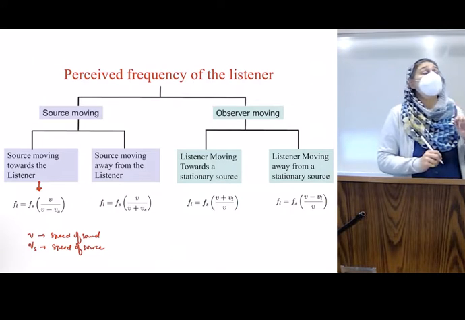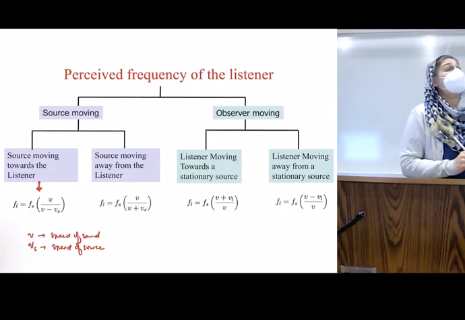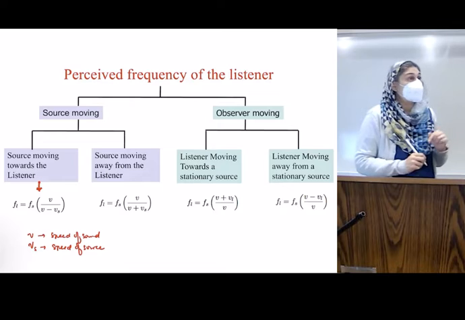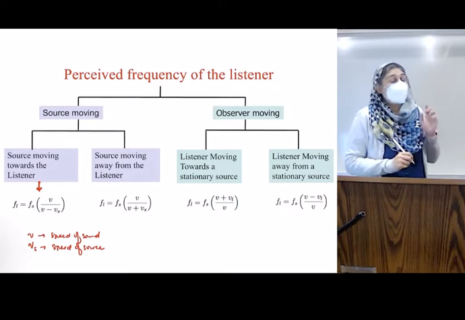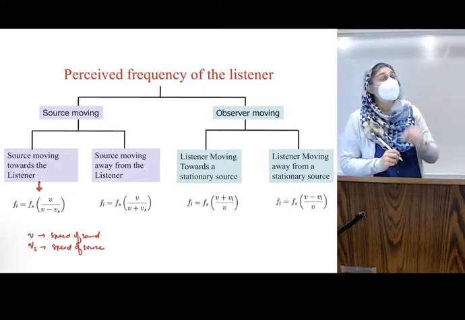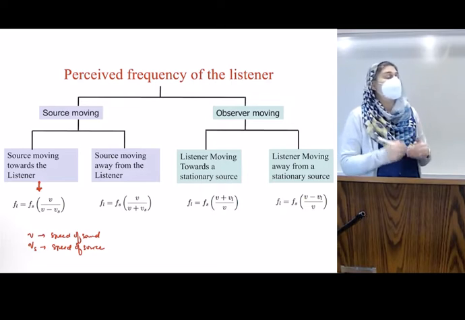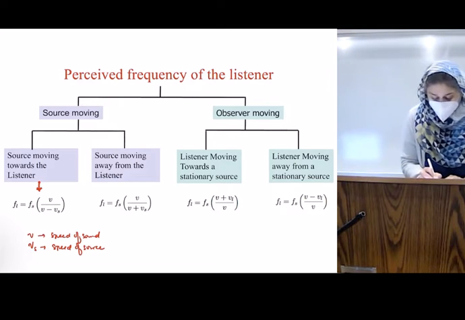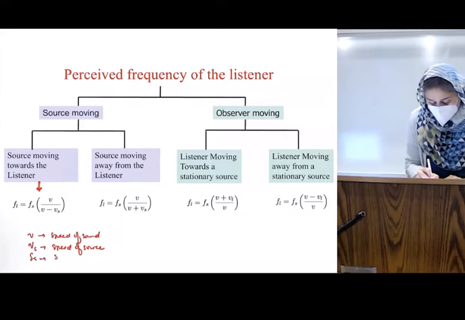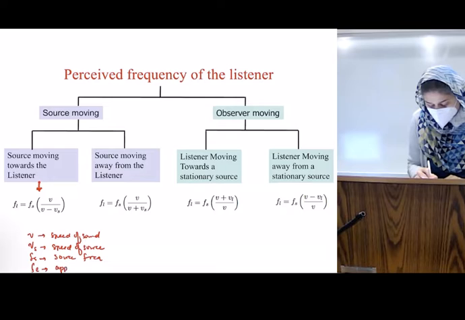FL is the apparent frequency that the observer will observe. Fs is the frequency by which the source is emitting. So Fs is the source frequency. FL is called the apparent frequency.